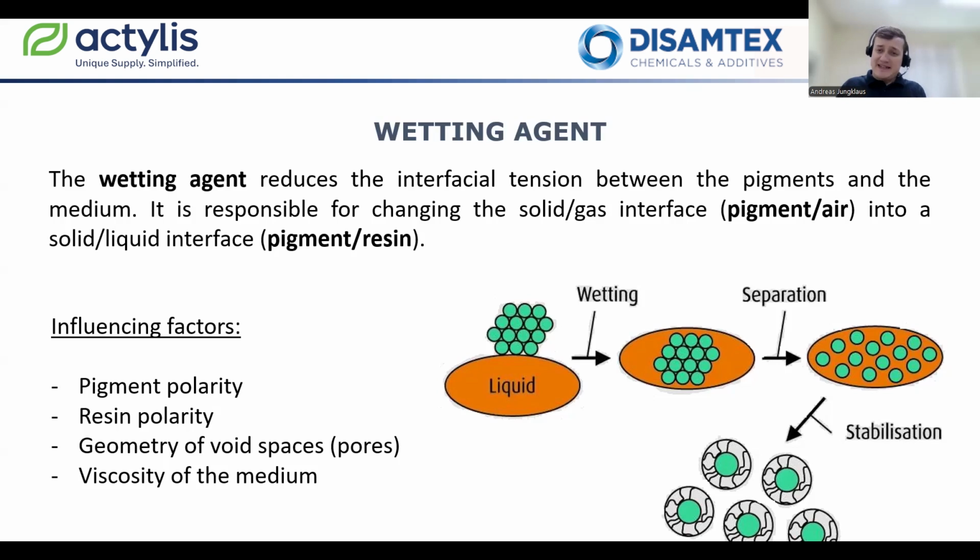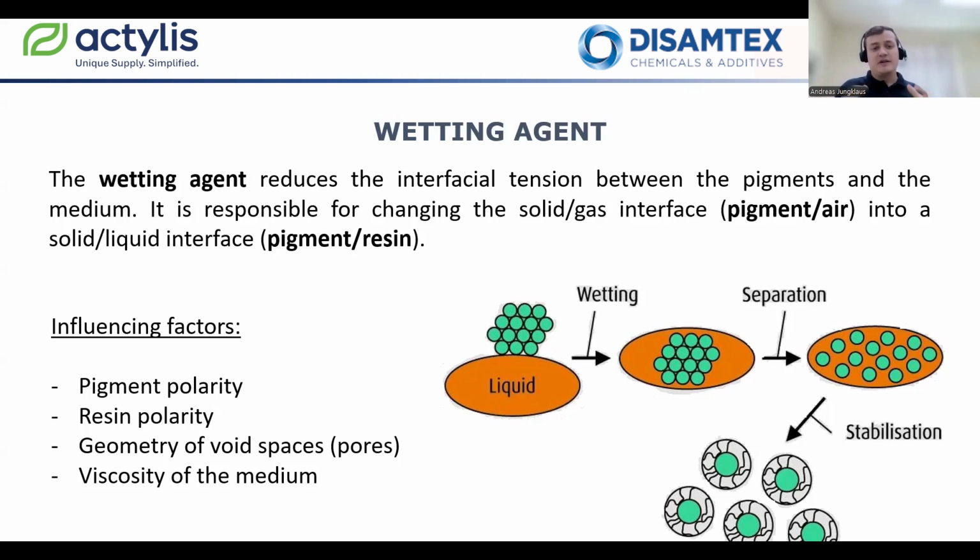So proper wetting allows the liquid binder to penetrate pigment agglomerates, displacing trapped air present there. So after wetting, dispersion and stabilization steps will prevent reagglomeration of particles, and reinforce the quality of the system.